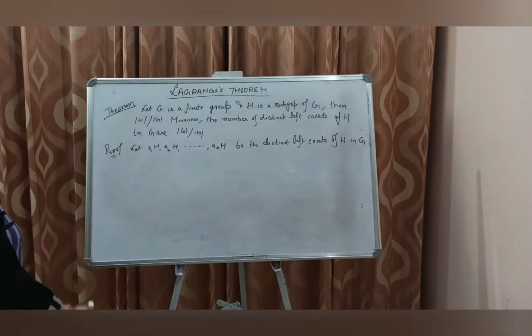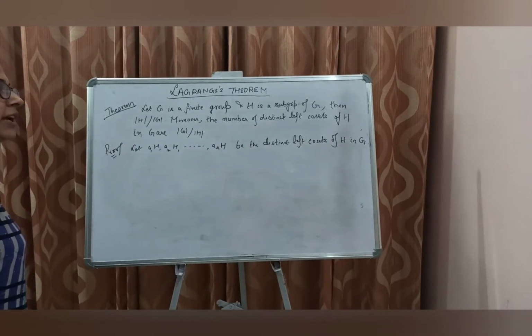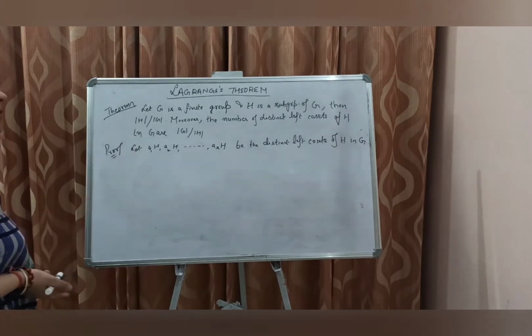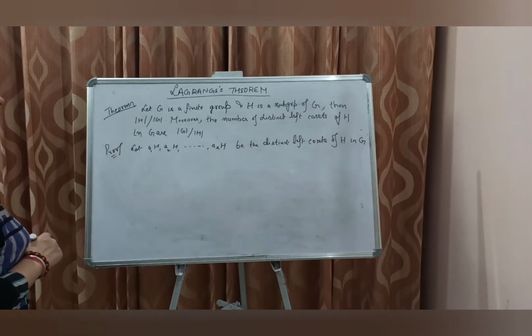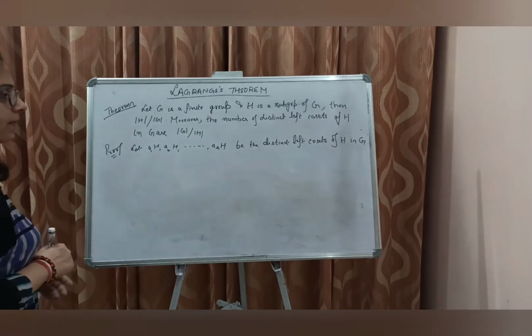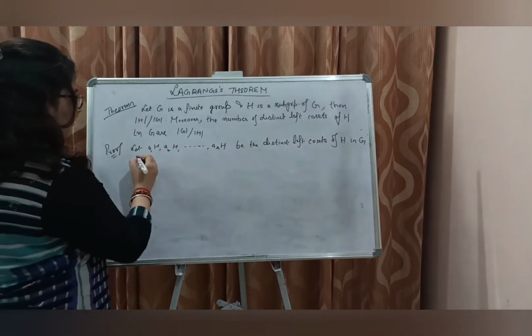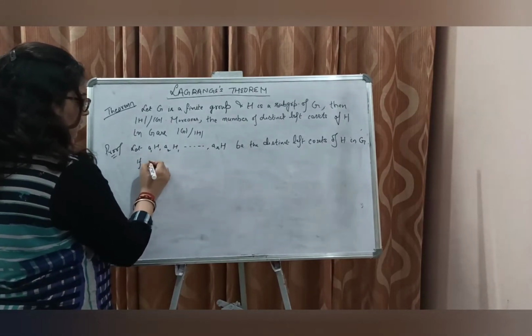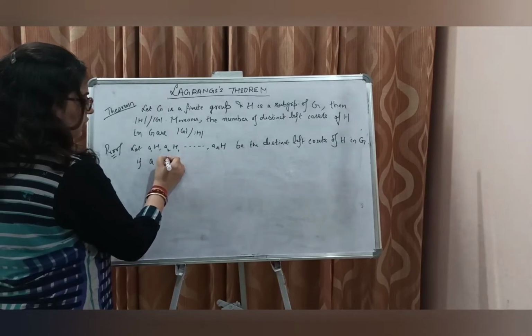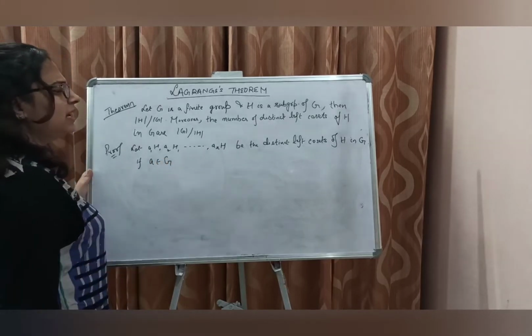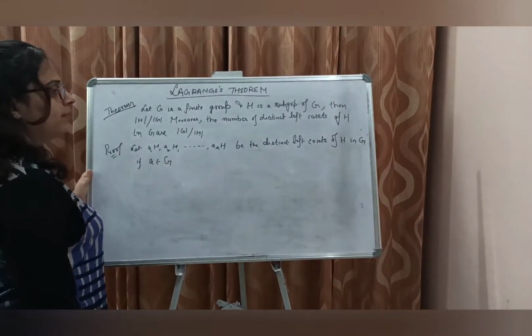So if A1H, A2H, A3H, so on up till ARH be the distinct left cosets of H in G, then now if A belongs to G, A is any random element of G.